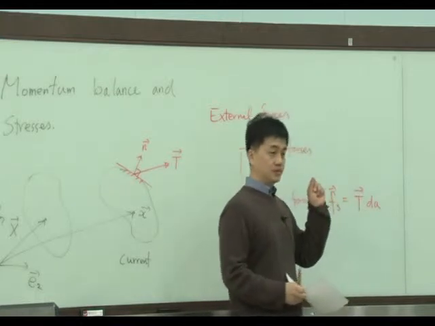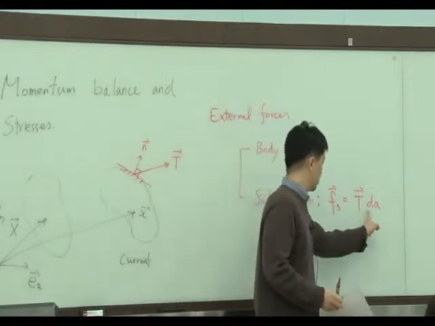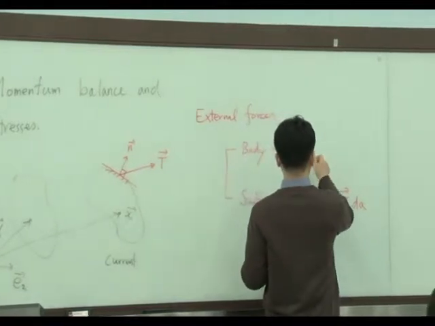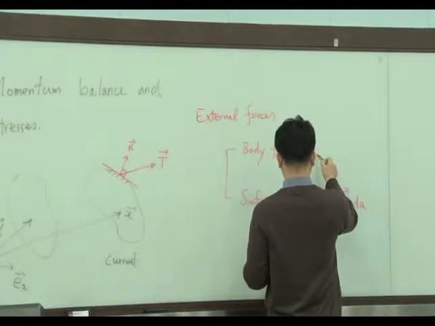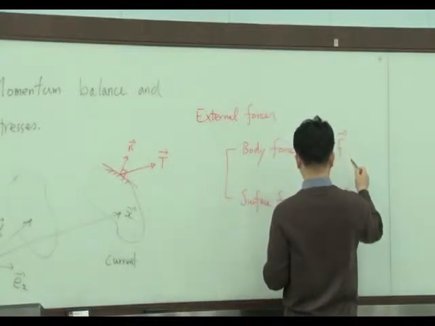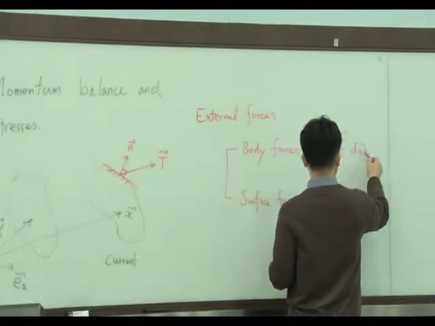Fs is a small surface force applied to a small area, dA. And body force, Fb, equals, let's say just F, d omega t.